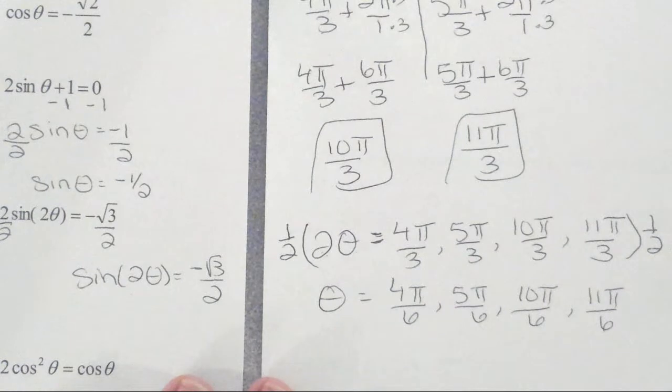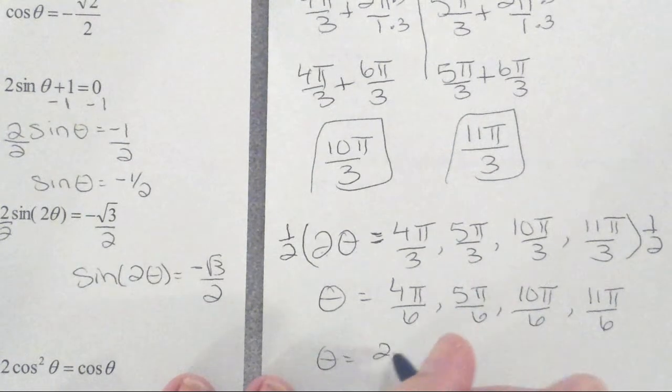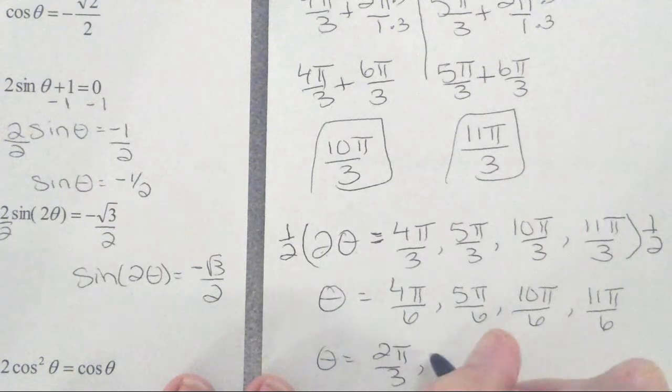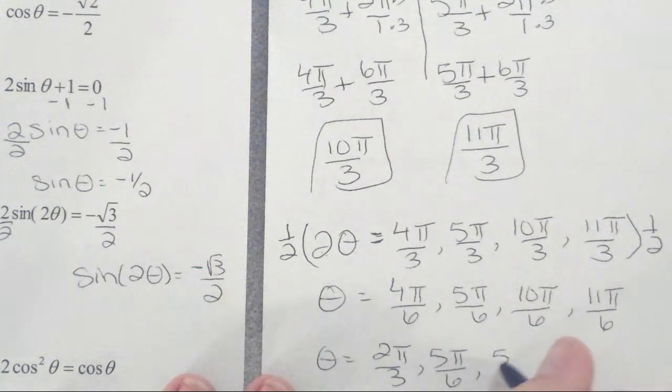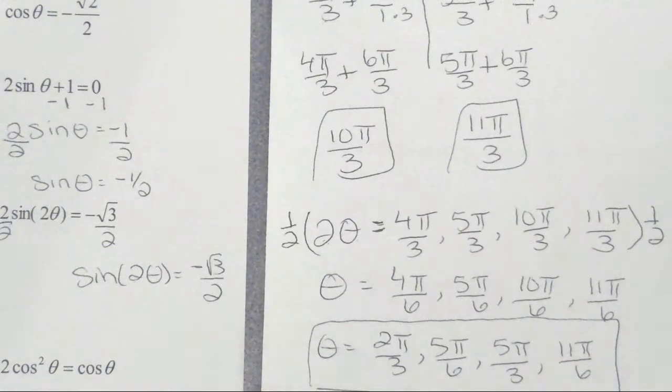Then I notice that I can reduce a couple of these, so I reduce. So theta equals 2 pi over 3, 5 pi over 6, 5 pi over 3, and 11 pi over 6. And these are your final 4 answers for number 8.